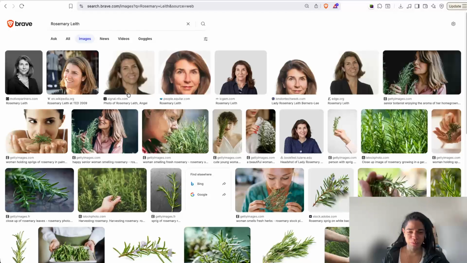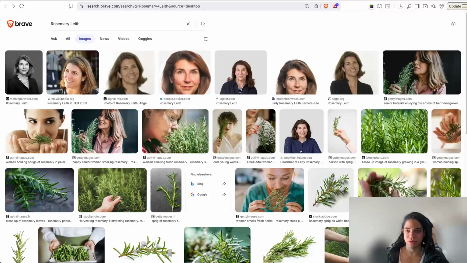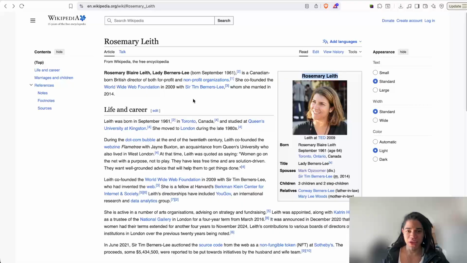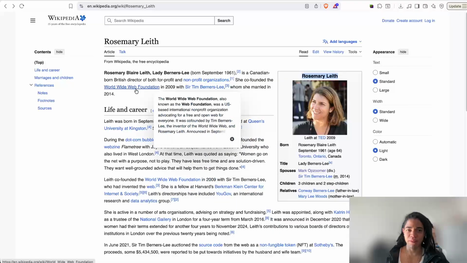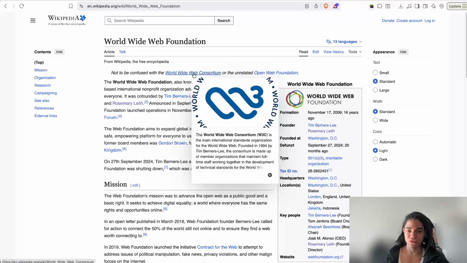So okay, Rosemary Leaf. She is the founder, with Berners-Lee, of the World Wide Web Foundation, which is quite different to the consortium, not to be confounded with the consortium.